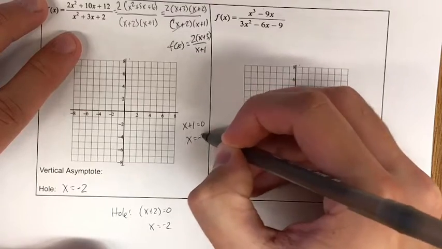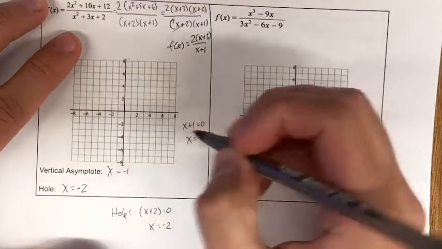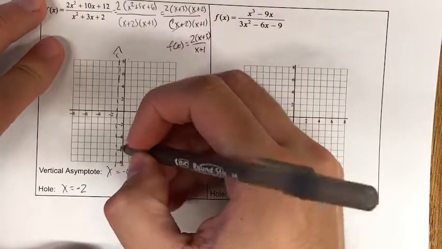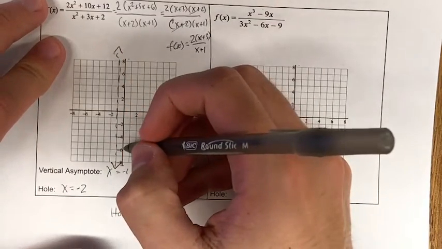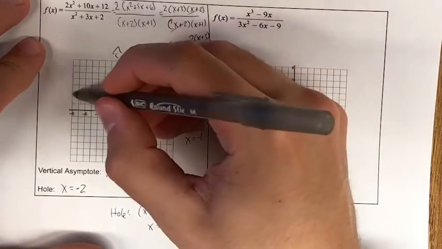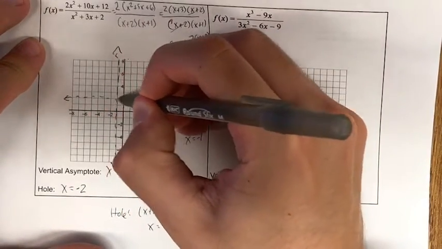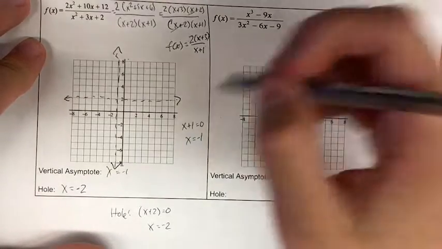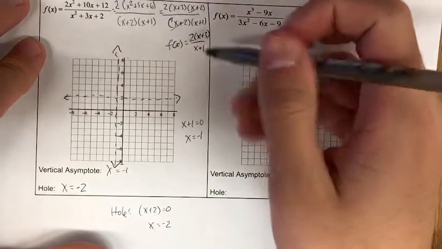So we get a vertical asymptote at negative 1. In this case, you're going to have a horizontal asymptote at 2. Again, just trust me, we'll get there. And we'll have a hole at negative 2.